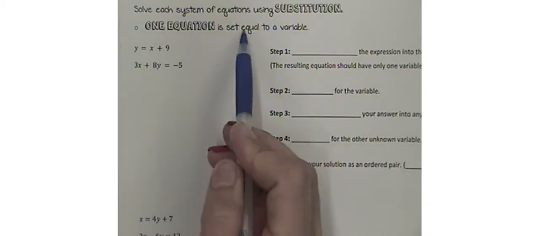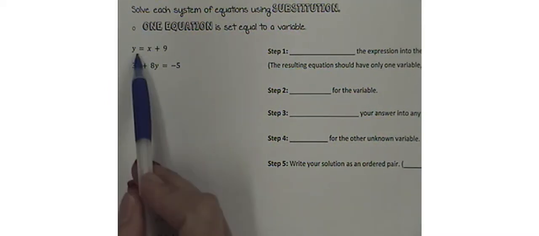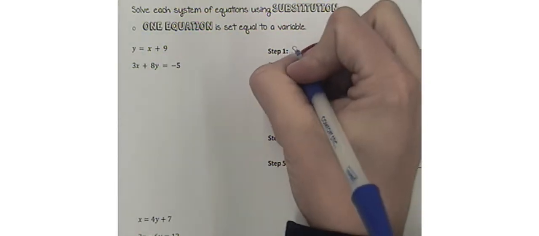So, this is the first step. When one equation is set equal to a variable, or one equation is already solved for. So if I'm looking, notice how y is already alone here. So step 1 says to substitute the expression into the other equation.